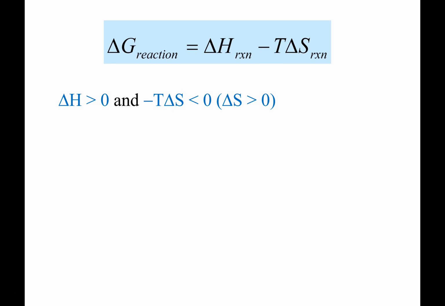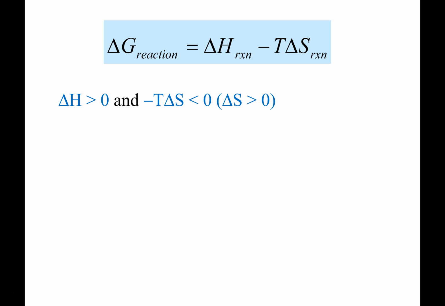Let's look at this one. Oh, in this case, we have a positive delta H, which you would tell me is endothermic. So we have a positive delta H, that's the opposite. That's not going to favor spontaneity. And we also have a positive delta S, which does favor spontaneity.